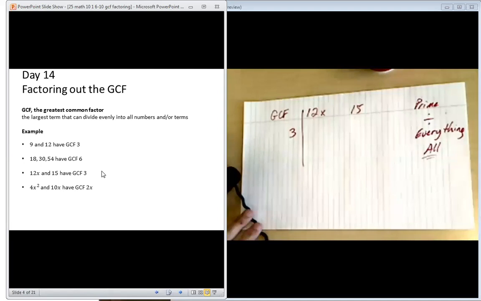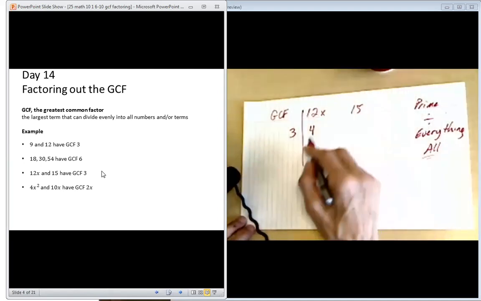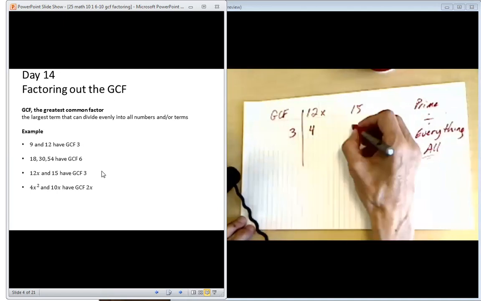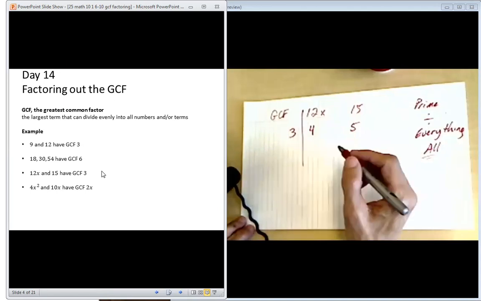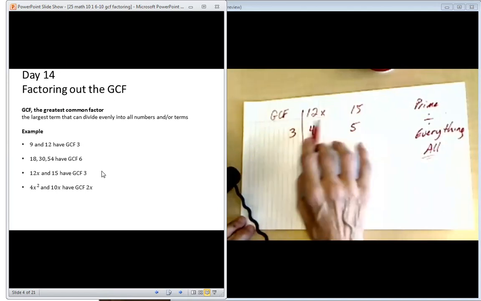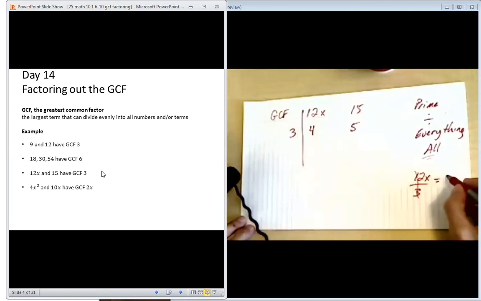What do we get? 4 and 5. 4 and 5 from Zoom, and yeah, also the class. Now, for this first term, don't forget, look at here. We need to bring the x down as well. 12x divided by 3, just to show you off to the side. Those divide out, but that x is still there.